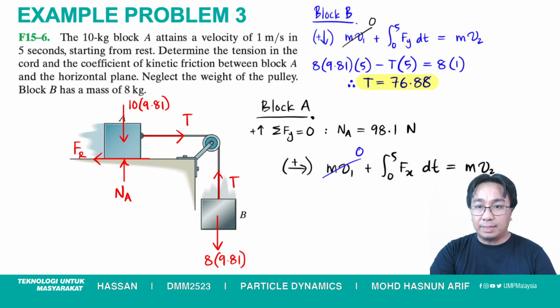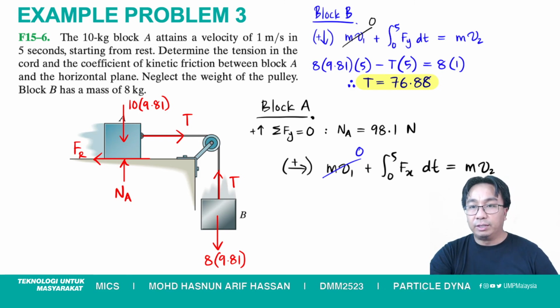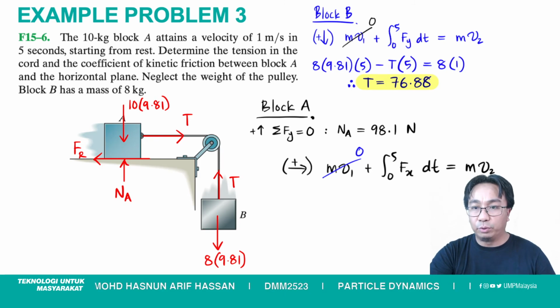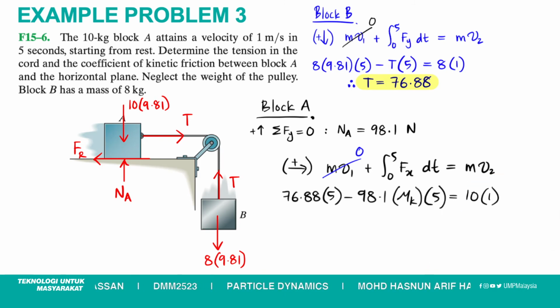Okay, starts from rest, so mv1 equals 0. Integration of Fx dt from 0 to 5 equals mv2. V2 is the one that we want to find out. Then we have 76.88, this is the tension, multiplied by 5, it becomes the impulse, minus the friction. 98.1 is the normal force.